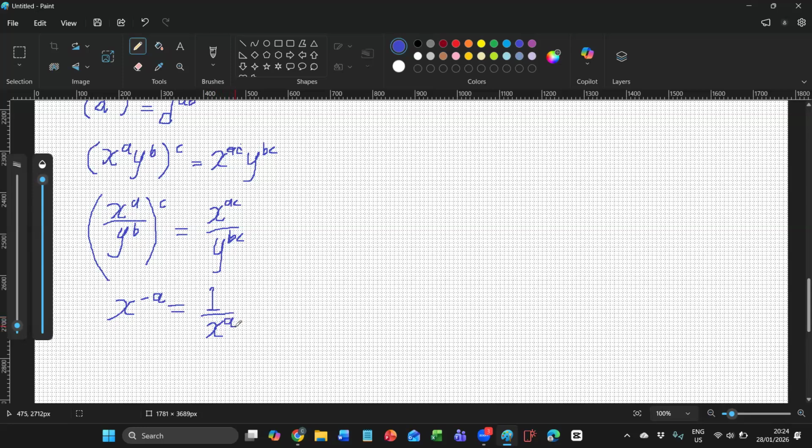Okay, so did you notice something? There's no longer any minus when the x raised to the power of a is in the denominator. Did you notice that? Okay, so we're ready to apply the laws now.